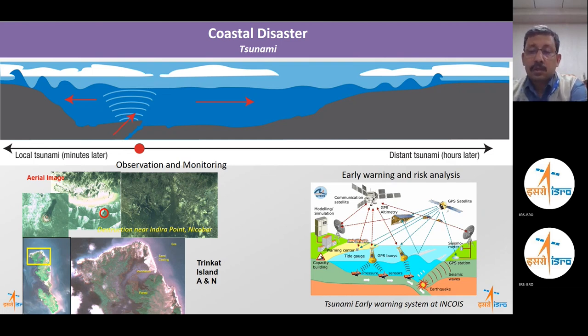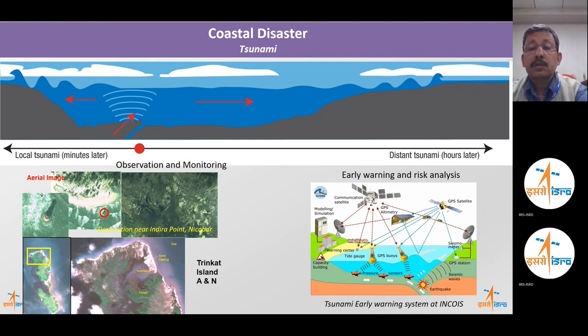Now, this tsunami early warning system at INCOIS has run a simulation of more than 90,000 scenarios of underwater earthquakes in the Bay of Bengal.